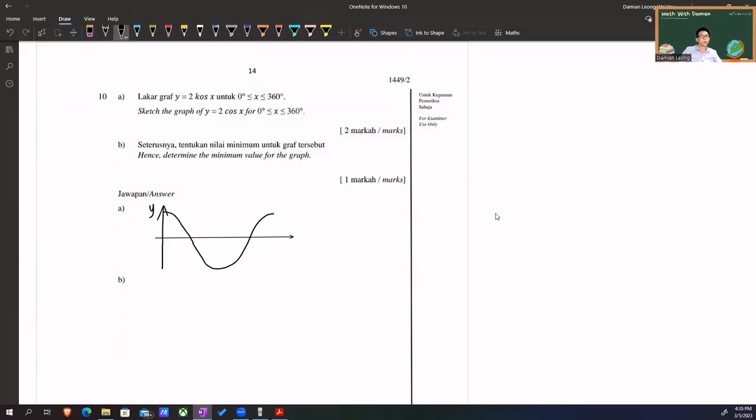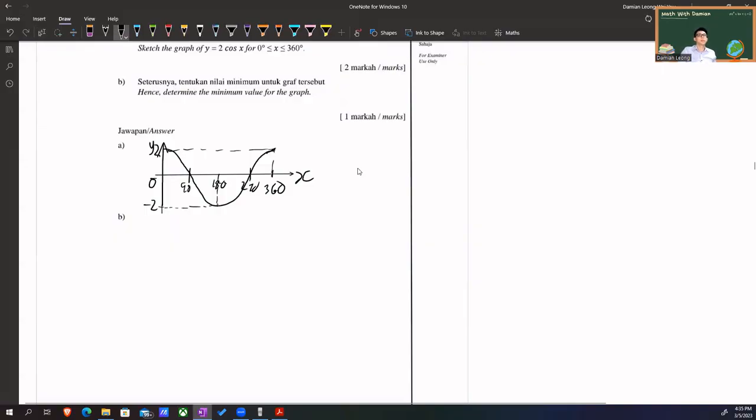Each special point differs by 90 degrees. The maximum point is at 2, the minimum point at -2 because of the 2 cos x. So that changes the amplitude to 2 and -2. So basically it's just like that. That's the graph.